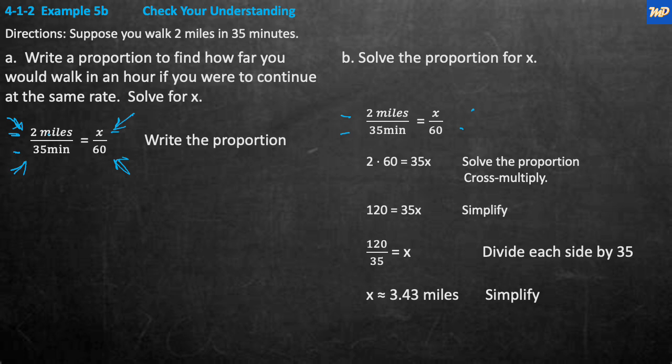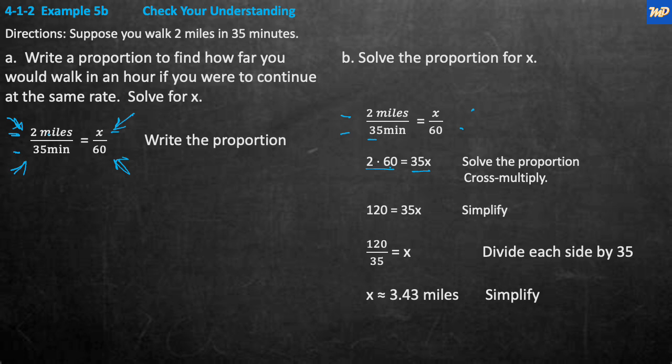We're going to multiply both sides by 60, which will clear the 60 on the right-hand side and put 2 times 60 on the left-hand side. And we're going to multiply both sides by 35, and you're therefore going to get 35x. So this is 2 times 60 on the left and 35 times x on the right.